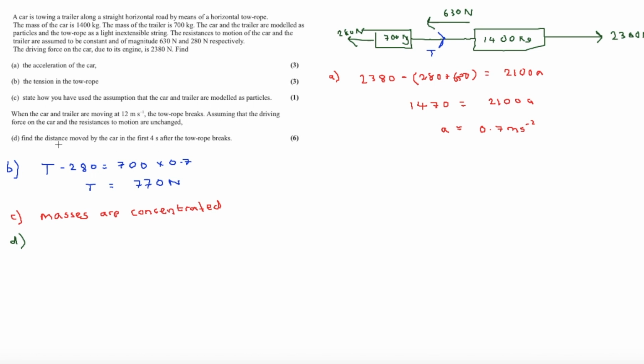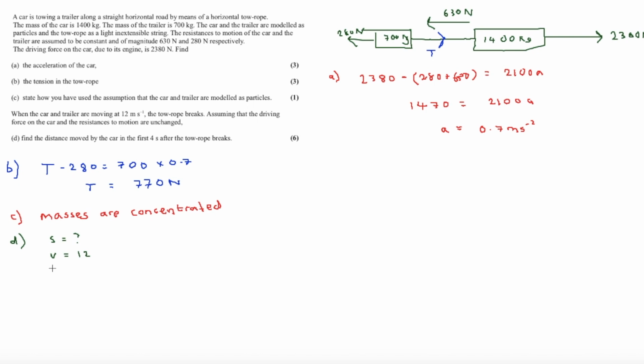And then assuming that the driving force on the car and the resistance to motion are unchanged. So therefore, we're going to have S is the thing that we're trying to find. We're trying to find that distance. U is going to be 12 because it says that they're moving at 12 meters per second when the tow rope breaks.